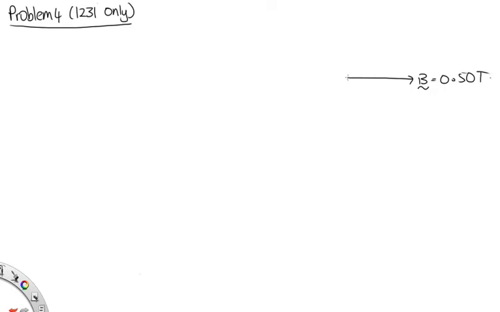Now we have a loop of wire which is hinged about an axis here. Here's our loop of wire with the current flowing through it. This forms an angle of 30 degrees with the magnetic field, and this is the hinge about which it's axised.